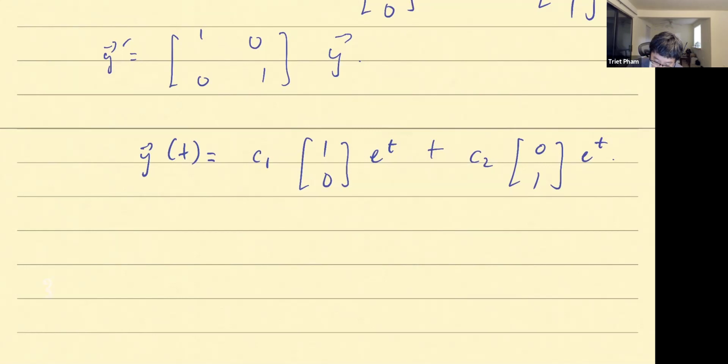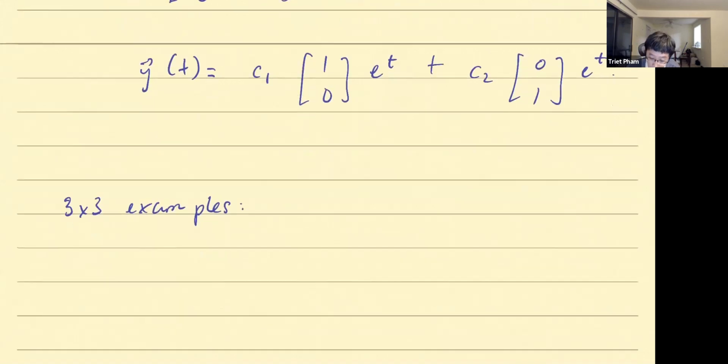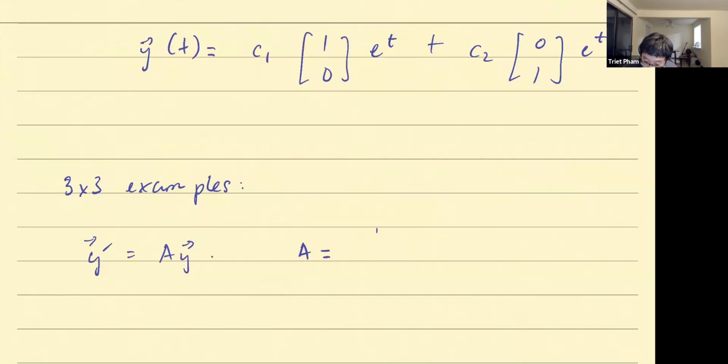So let's look at 3x3 examples, and the idea there will be clearer. First, we will look at y prime equals ay.